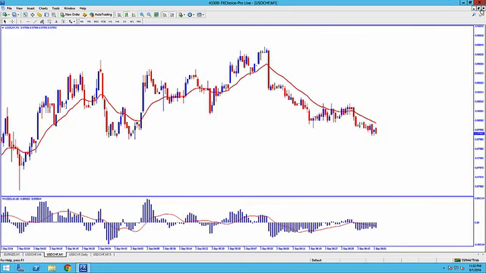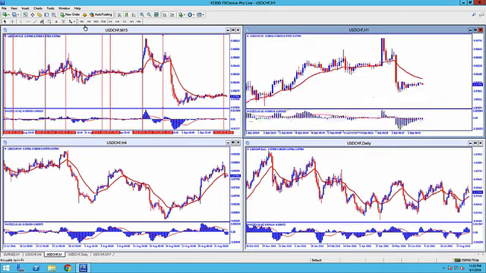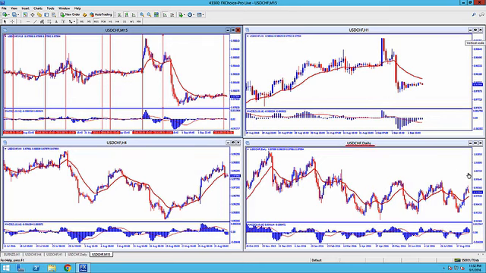Let's take a look at our charts again. So if we look down here, that's a daily chart. Let's just make this hourly, and this 15. So let's take a look at everything together one more time. So USD CHF daily chart, that means each price bar is a daily.